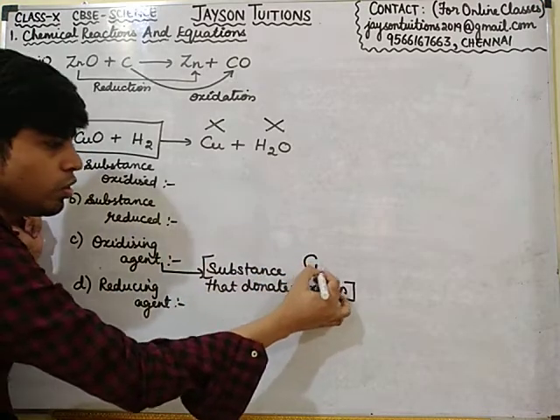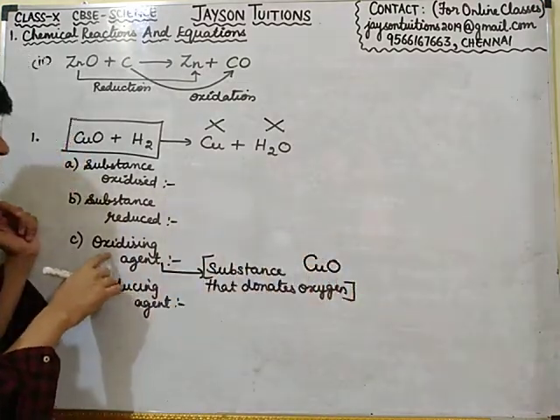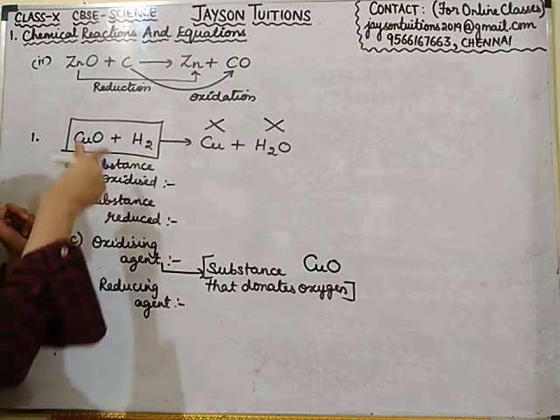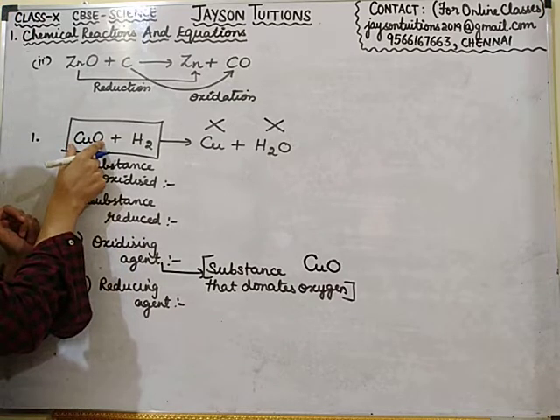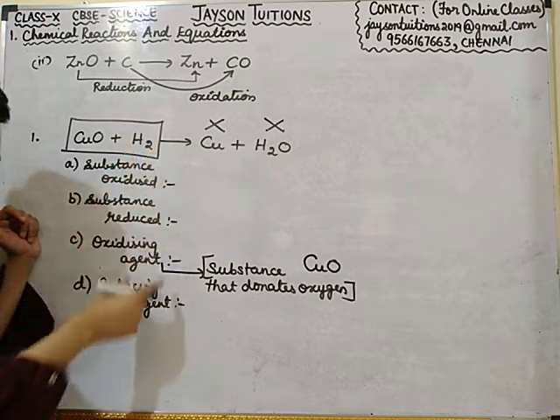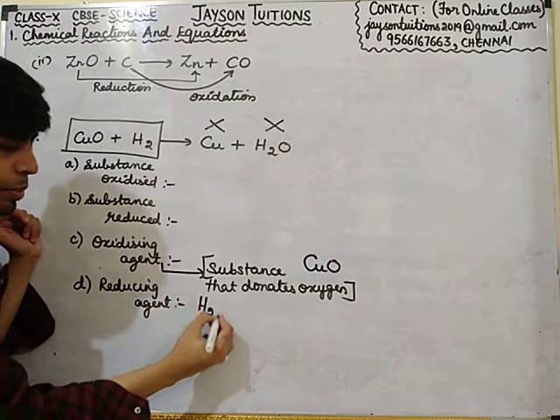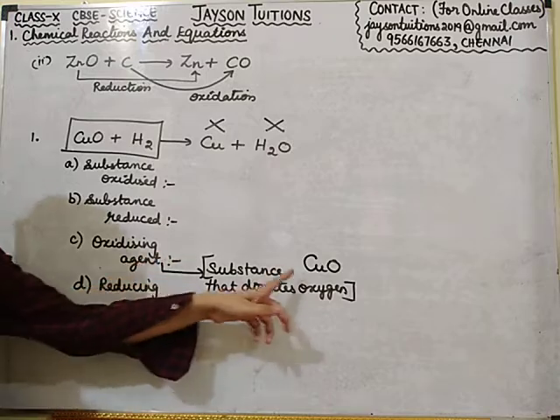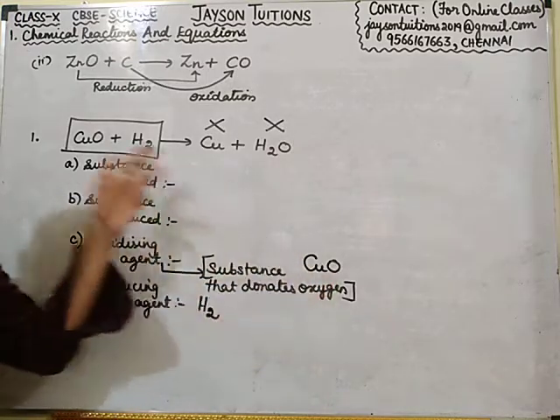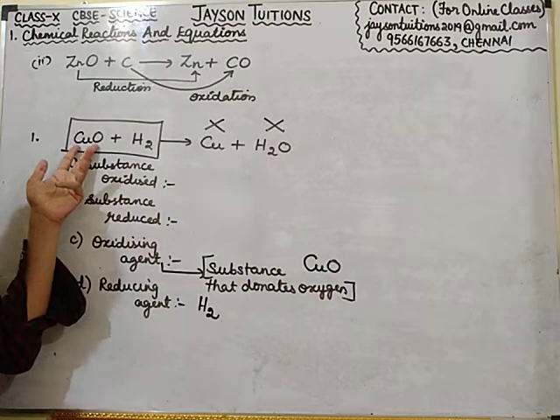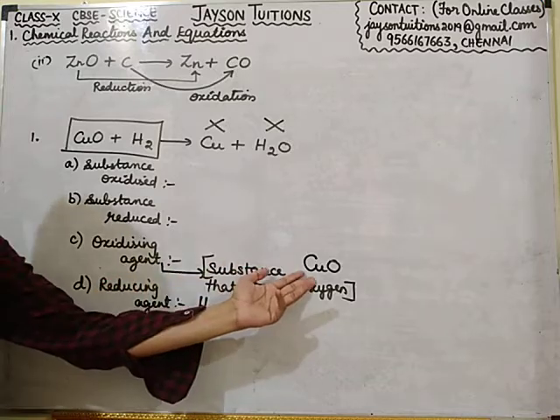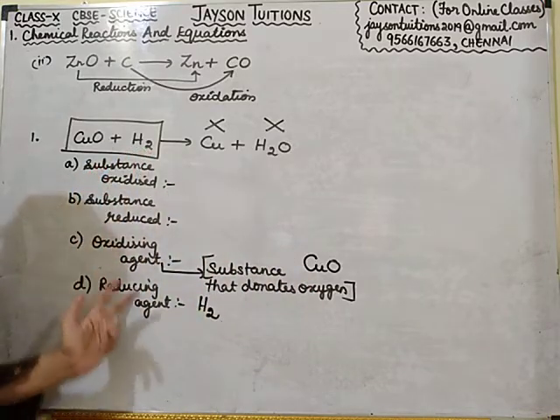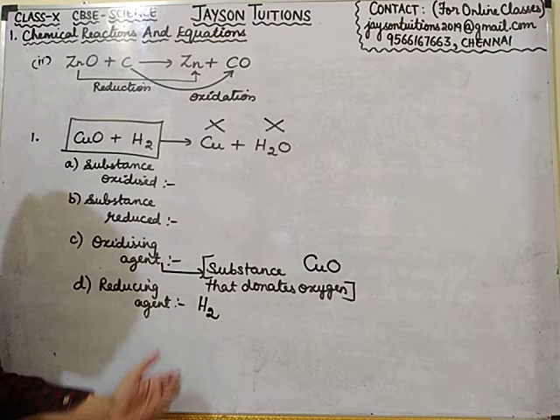So CuO is the oxidizing agent. If CuO is the oxidizing agent, then H2 will be the reducing agent. Understood? The one having oxygen is the oxidizing agent, and the one not having oxygen is the reducing agent.